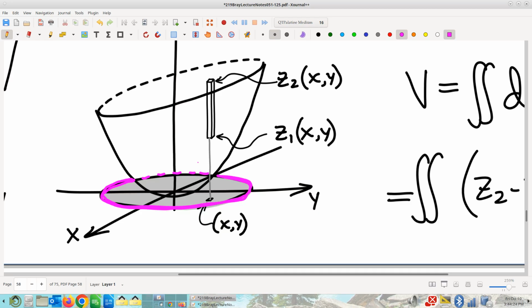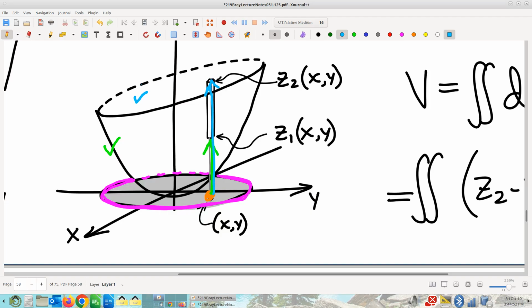And here's my argument. Pick some point in the domain. Let's say this one here, whatever. Some point in the domain. We can talk about how far it is up to the paraboloid, and we can talk about how far it is up to the plane.